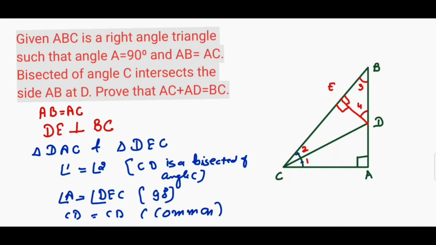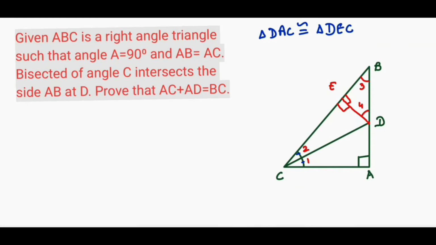So it means these triangles are congruent. Triangle DAC is congruent with triangle DEC. As triangle DAC is congruent with triangle DEC, it means DA will be equal to DE and CA will be equal to CE.